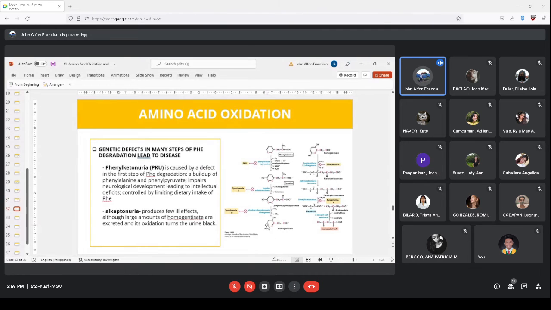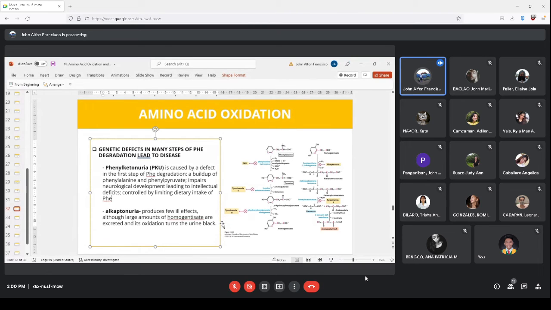So what are the genetic defects that can happen in our amino acid oxidation? One of it, naririnig ko to lagi nung nag-masters ko, is phenylketonuria, caused by a defect in the first step of phenylalanine degradation. This is a very common disease, caused by the buildup of phenylalanine or phenylpyruvate, which causes impairment of our brain and can lead to intellectual deficits.